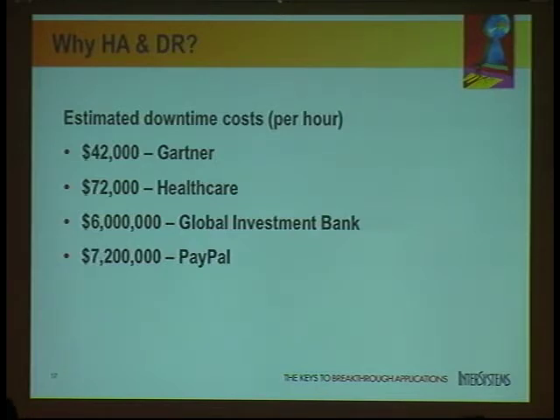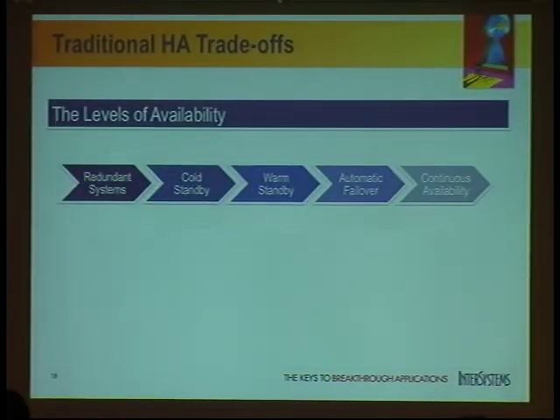So this is one thing to keep in mind when you're looking at your infrastructure and your deployment strategy. High availability disaster recovery should be right at the top of your planning process. Okay, so there are many different ways of achieving high availability.